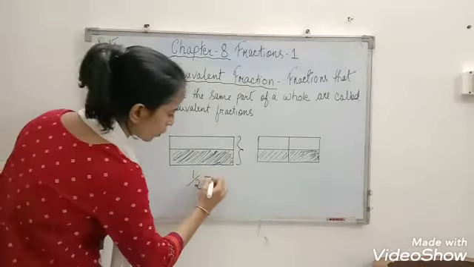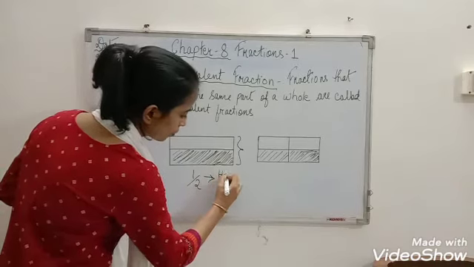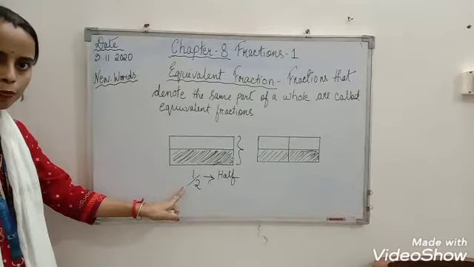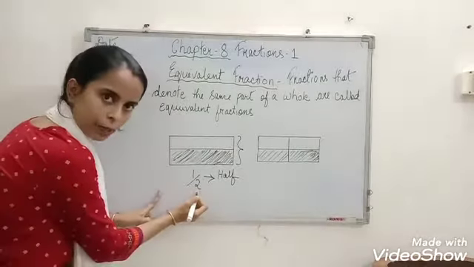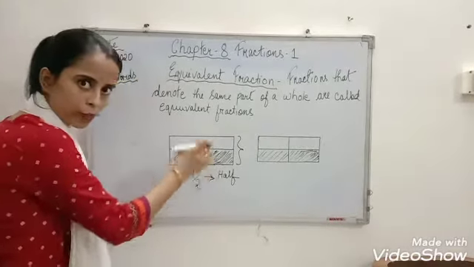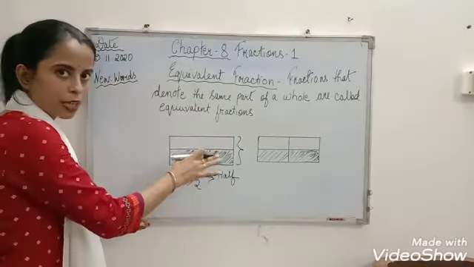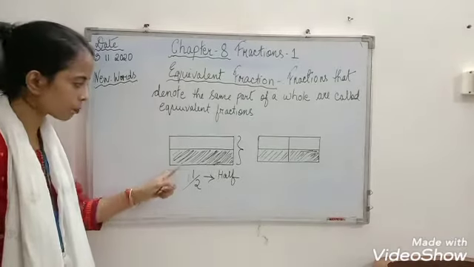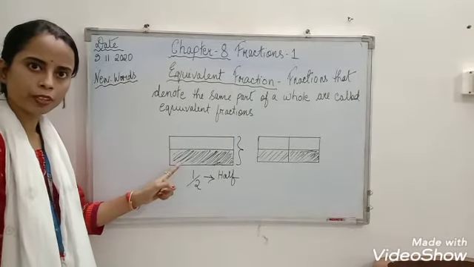And we call it what? Half. 2 is the denominator, the total parts into which the whole is divided, and 1 is the numerator, the part that is shaded.